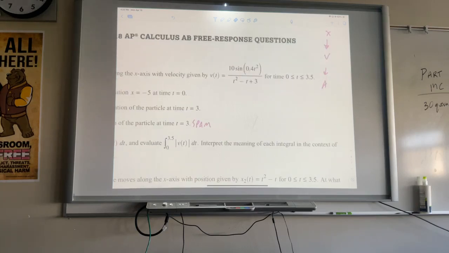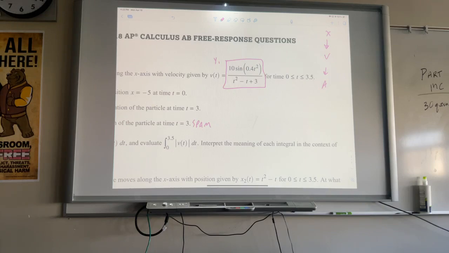Alright. Did you guys put this in Y1? Or did you retype it over and over again? If it's an FRQ, my friends, you're going to want to put that in Y1. Otherwise, it's going to take so long. So I put 10 sine blah blah blah over x squared minus x.